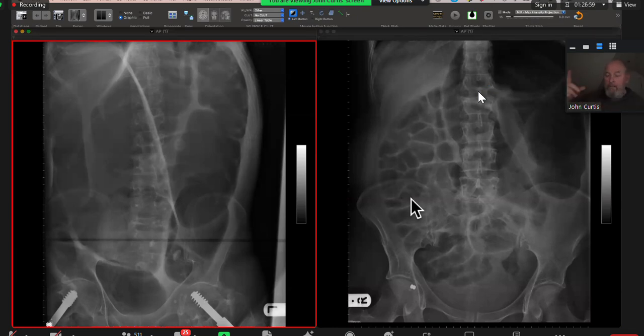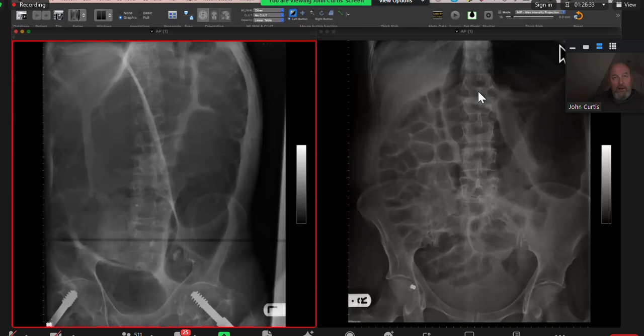But the important thing about a cecal volvulus is that everything that's distal to the cecum, in other words, the ascending colon, the transverse colon, the descending colon, collapses. And so there is no large bowel here, apart from the cecum, which is flipped over.